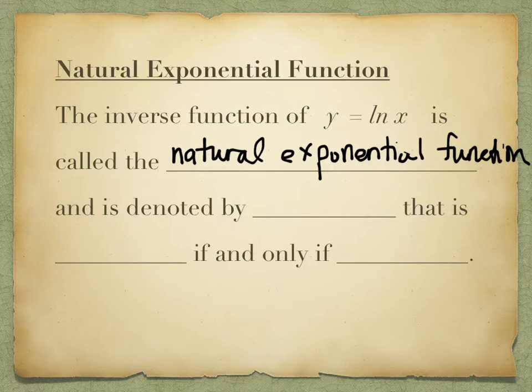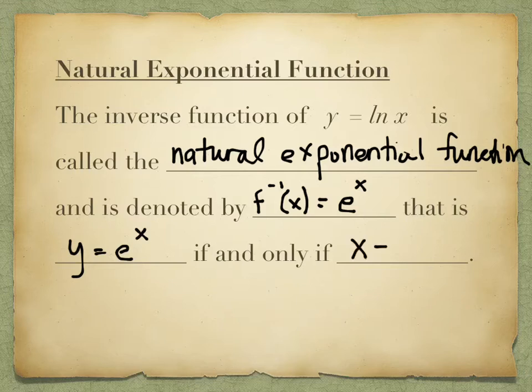It's denoted by f inverse, right, because that's how we denote inverses, and it's equal to e to the x. That is, y equals e to the x if and only if x equals the natural log of y.